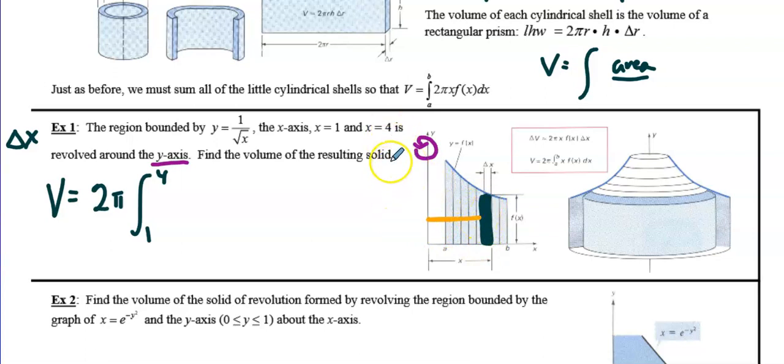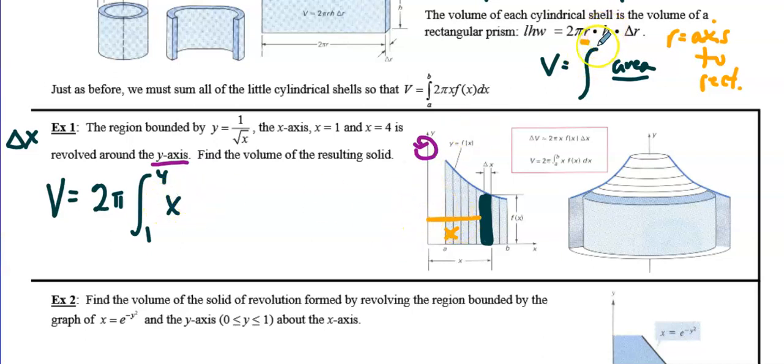I could be rotating around y equals 1, y equals -1, but my radius is always going to be a distance from one of the axes to your rectangle. And so from here to here, this is going to be x. So let's go ahead and call this our x. Now, we're going to show you an example a little bit later on that the radius is not just simply x or y, because I don't want you guys to think it's always going to be x or y, but in this case it is.